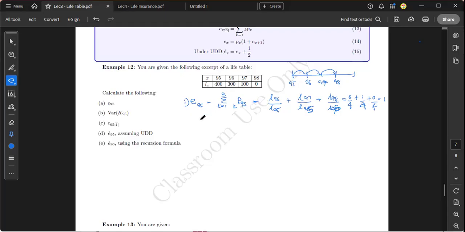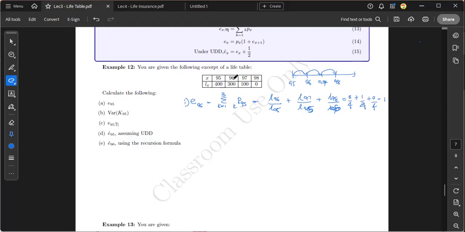So that means if a person is at age 95, the average lifetime we can expect for this person is 1 more year. Or any person in this cohort is 1 year. From the details, we know that there are 400 survivors at age 95, but going from 95 to 96, we experience 100 deaths for this group.